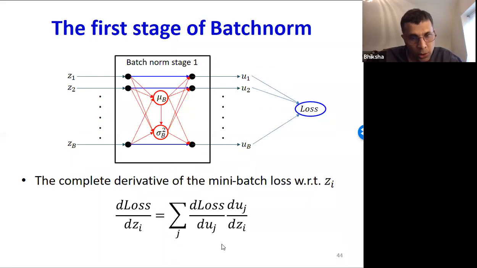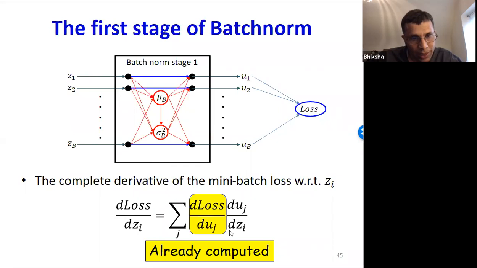So you're going to get two kinds of derivatives on this side. You'd get the direct link, but you also have to consider these cross links, like the derivative of U2 with respect to Z1. Now, when you're performing backprop, this first term we've seen already computed.